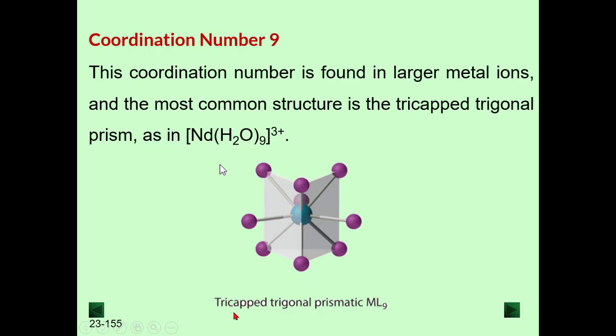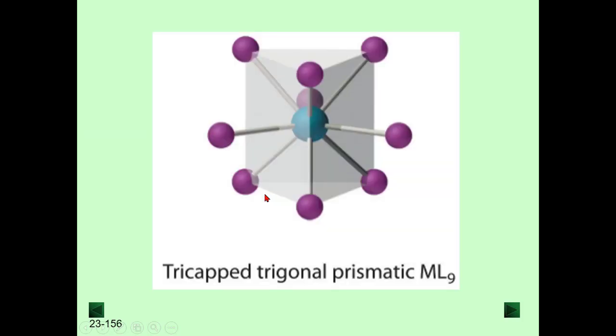That is why it is called a tricapped trigonal prismatic molecule. This is a more complex structure, and here is a magnified view of the tricapped trigonal prismatic structure of ML9, which contains one central transition metal and 9 ligands.